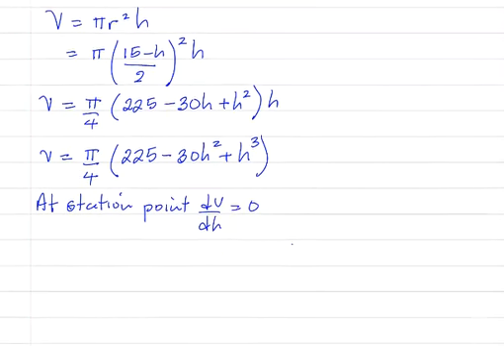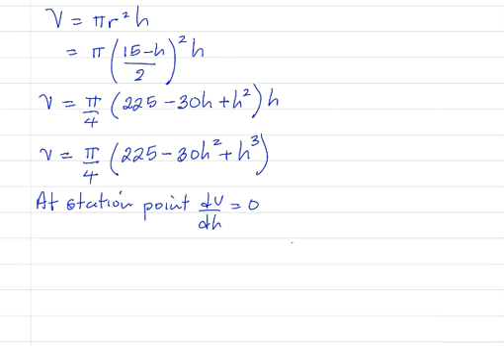So let us find dV by dh and equate it to 0 to determine the height at the stationary point. The pi by 4 is not going to change anything, so we leave that outside and differentiate the inside.